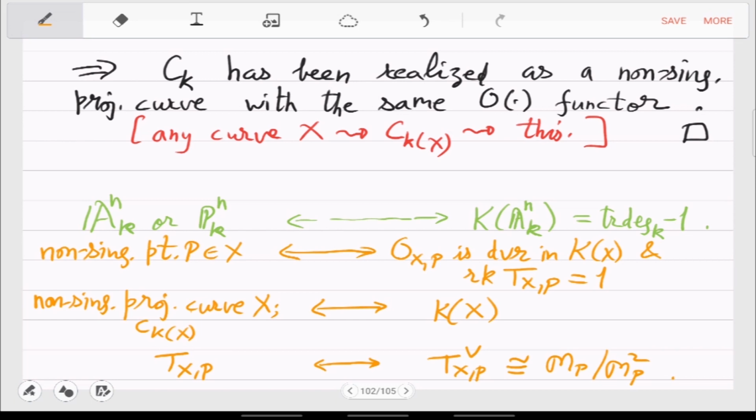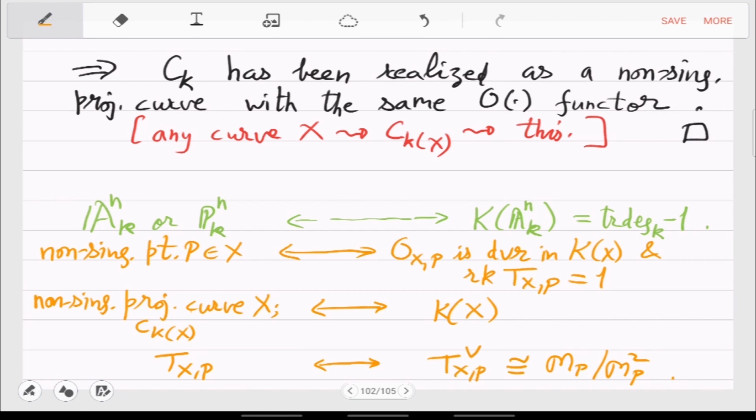In the non-singular point case, when P is non-singular, the tangent space will be of dimension 1, and similarly the dual space, the functions defined on this vector space, will also be dimension 1. If they happen to be dimension 2, then your information is lost. So a dimension 2 tangent space means that there is no connection with the point, so the point is actually a singular point. Right, so we have done all this till now.